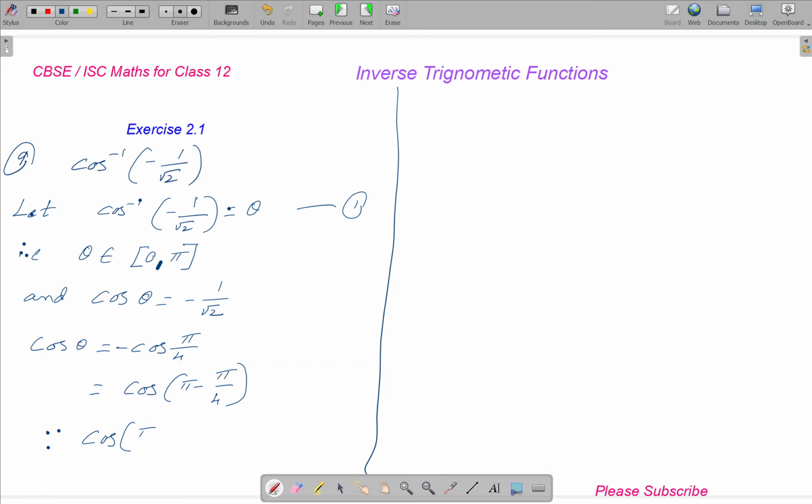Since cos of pi minus theta is equal to minus cos theta, cos theta is equal to cos 3 pi by 4.